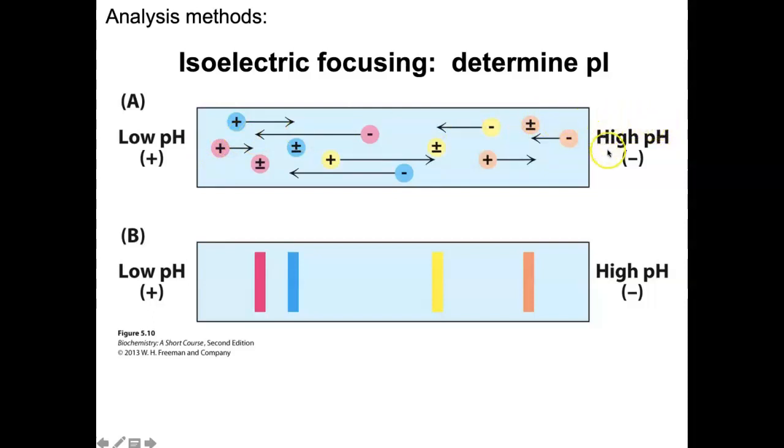When proteins are near the negative electrode, they're also at high pH, so they get deprotonated and more negative, and as they become negative, they move towards the positive electrode, right? And eventually, they're going to find a spot where the net average charge on the protein is 0, even though there are some charged groups, right? And that's going to be the pH equal to the pI of the protein. So at the end, you'll see a banding pattern, and where the band is tells you what the pI of the protein is.